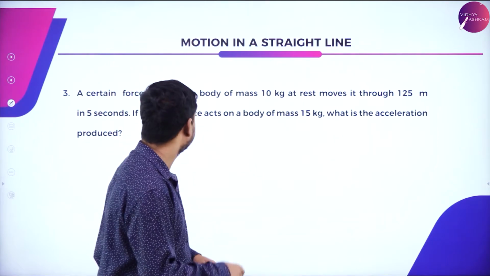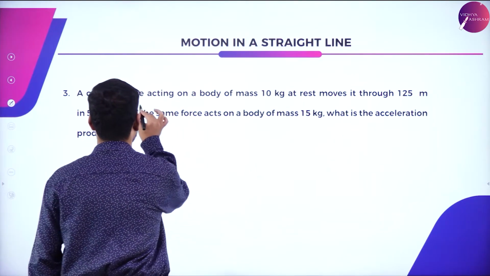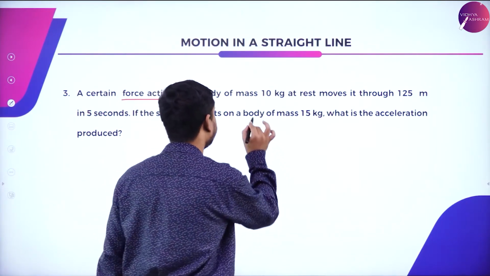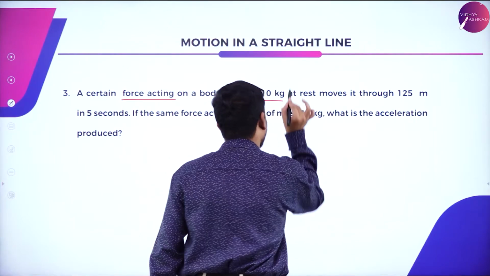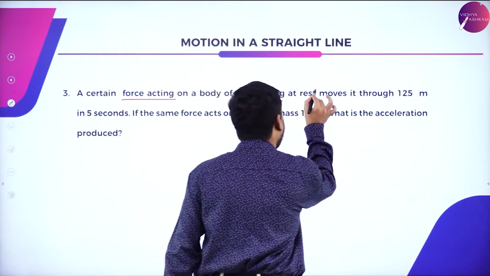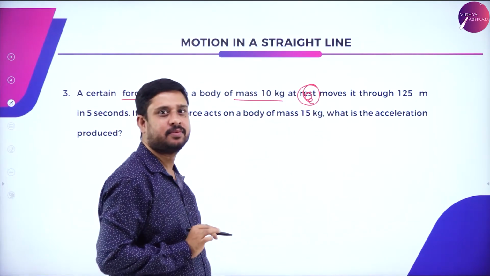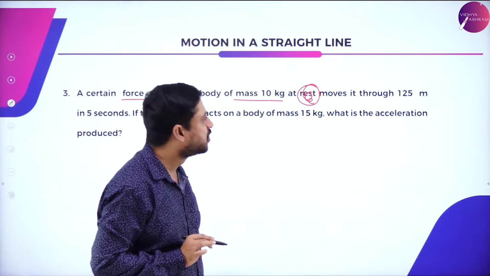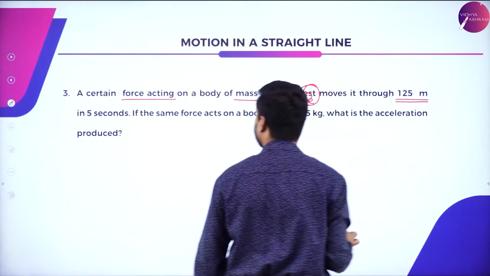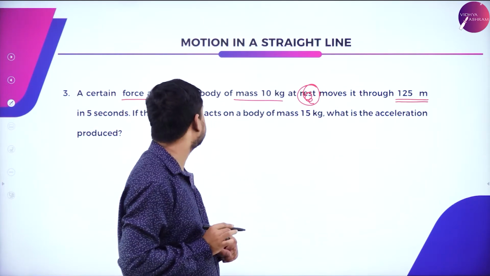The next one. A certain force acting on a body of mass 10 kg at rest. Again, the body is at rest. Moves it through 125 meter in 5 seconds.